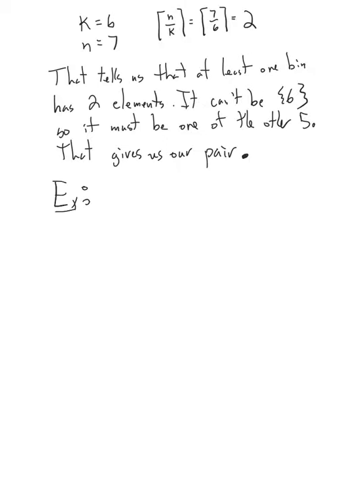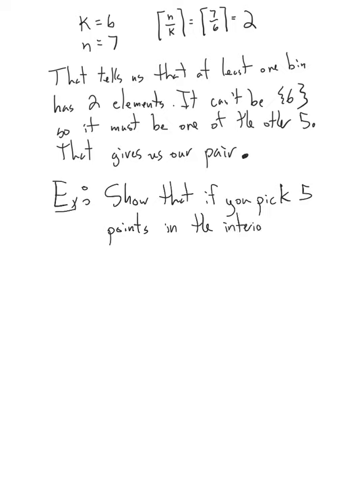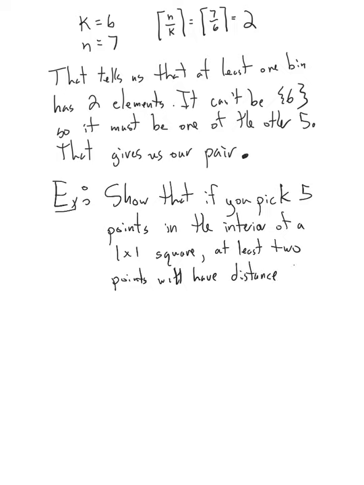I like this one. So let's show that if you pick 5 points in the interior of a 1 by 1 square, then at least 2 points will have distance less than the square root of 2 over 2.